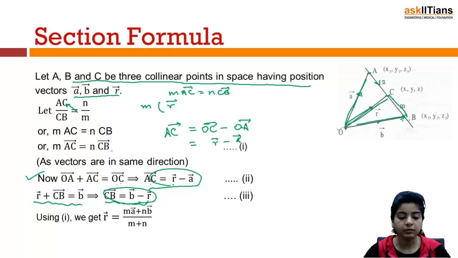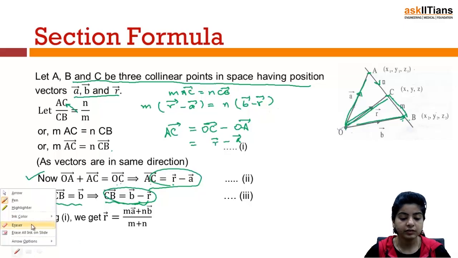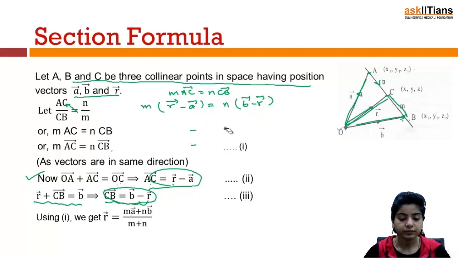So AC is vector R minus vector A and CB is vector B minus vector R. So from this equation what I have is M into vector R minus vector A is N into vector B minus vector R, or vector R into M plus N, taking this term on this side, gives me N into B vector plus M into A vector.